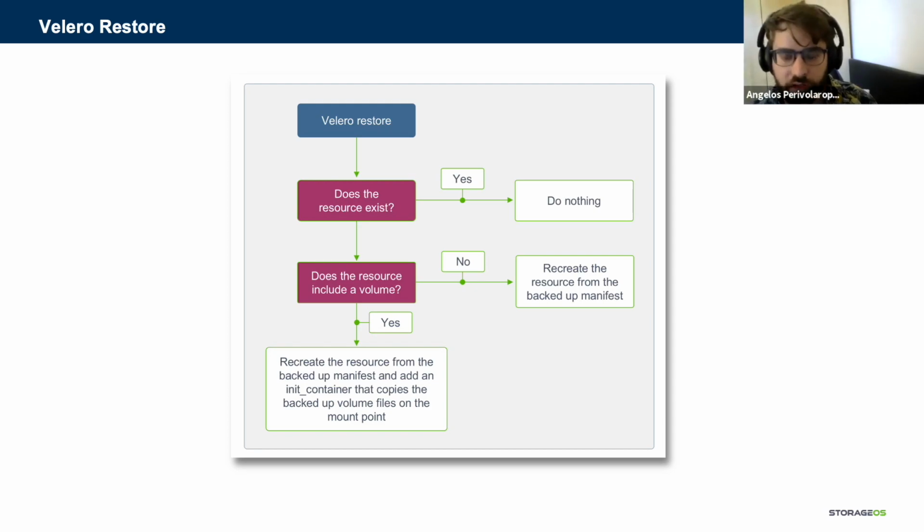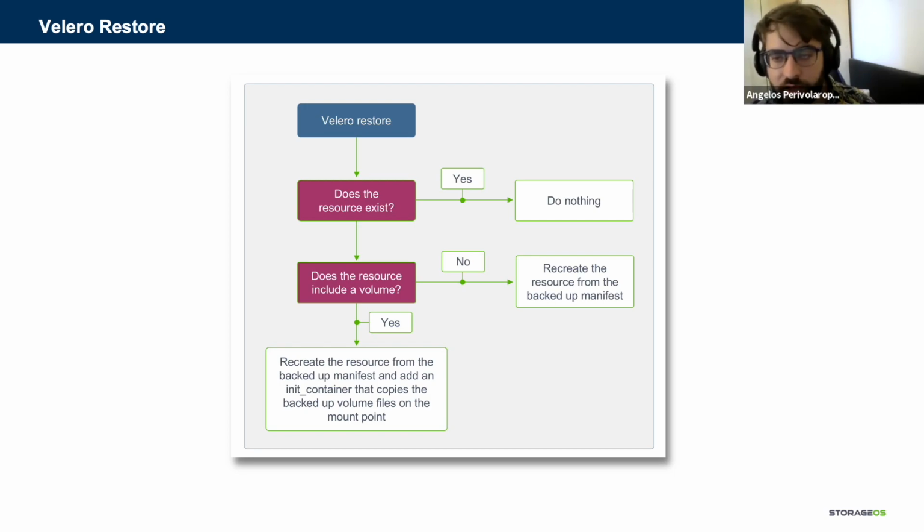And for each object in the backup, Velero will check, does the resource exist that we're trying to restore? If it does exist, do nothing. So you can't recreate resources that already are in the cluster. If the resource doesn't exist and it doesn't include a volume, you just recreate it from the manifest.